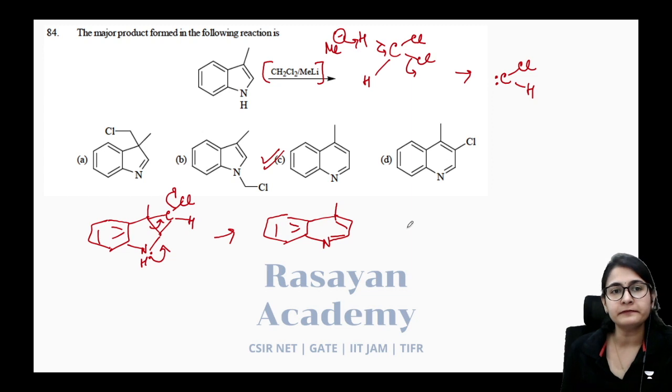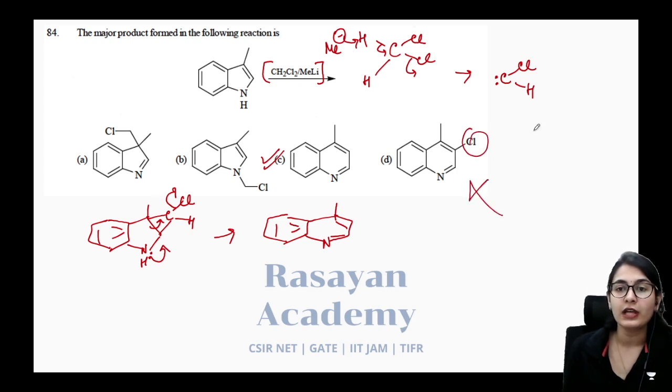This is the Ciamician-Dennstedt rearrangement, and you have also seen one similar question where there was chloroform, but this is not chloroform, it is dichloromethane, so there is no chlorine. Take care of the carbene that you are synthesizing. Your correct answer.